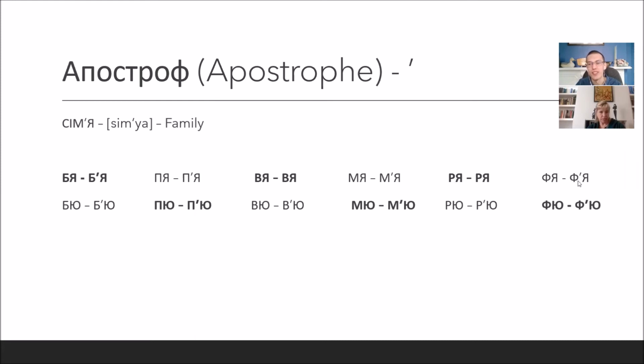Fia without, fia with. Bu without, bu with. Pu without, pu with. Vu without, vu with. Mu without, mu with. Ryu without, ryu with. Fu without, fu with. This is not very important, but just so you know.